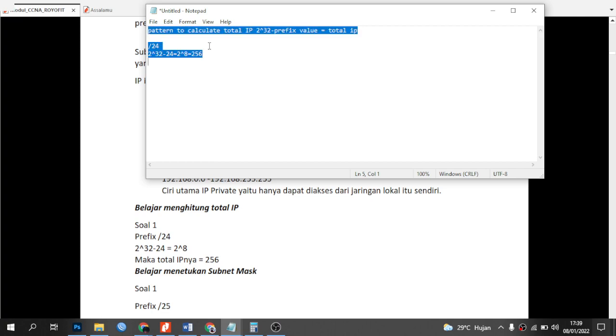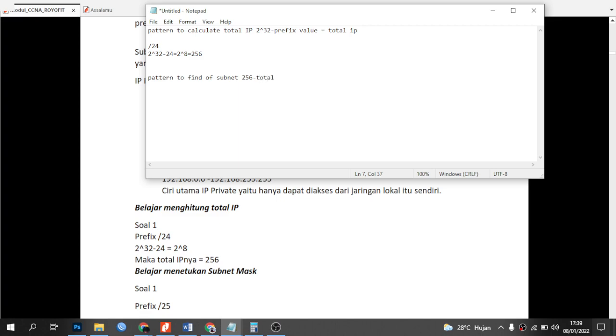The pattern to find the subnet is: 256 minus total IP equals the subnet. Okay, for example, /25.